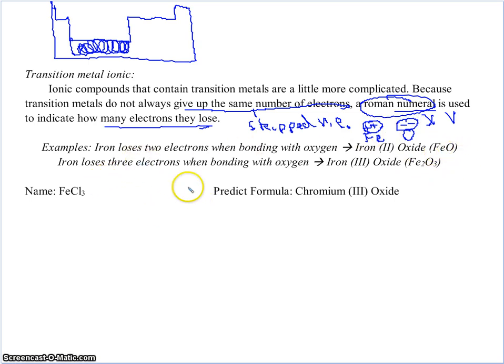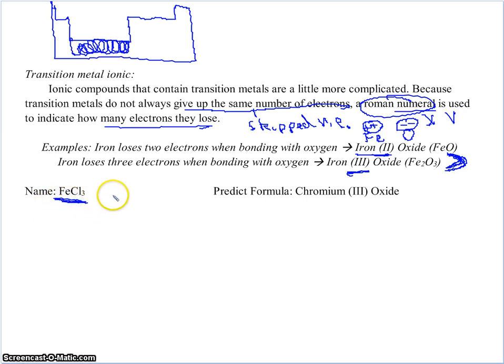Iron loses 3 electrons when bonding with oxygen. That would be basically the same as aluminum because it's 3 plus, so you get Fe2O3. These are very different formulas. So I can see how, depending on how many electrons iron loses, it's going to form a different type of ionic compound.